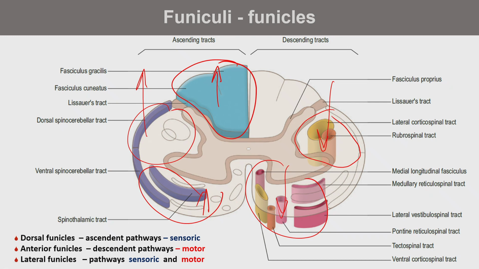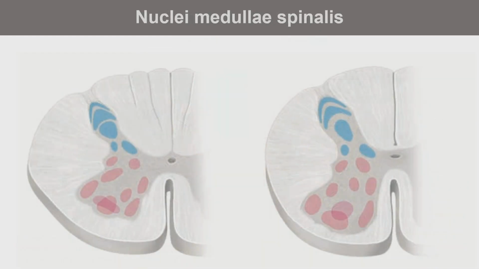So please, important is that the dorsal funiculi are only sensory, the anterior funiculi are mostly descending, and the lateral are motor and sensory. So we will now see some differences.